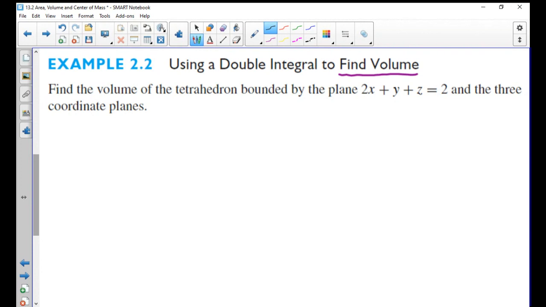So first, I need to graph this a little bit, to understand, to find basically what is the region R. So this is a plane, yeah?